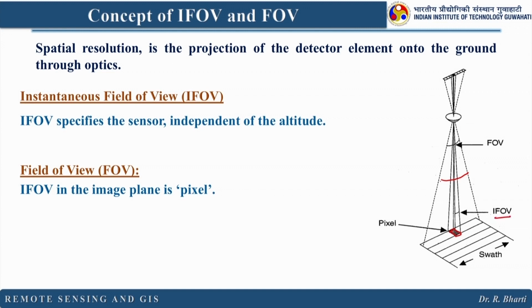So, if you know the altitude of this flight, and the look angle of your detector, right. So, if you know the height and IFOV, then you can always find out how much area this detector will cover on the ground.